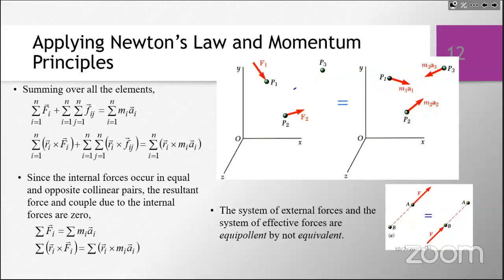So let's say for this particular system of particles, that looks like the center, right in the middle of all three. You know this distance, you know this distance, and you know this distance.